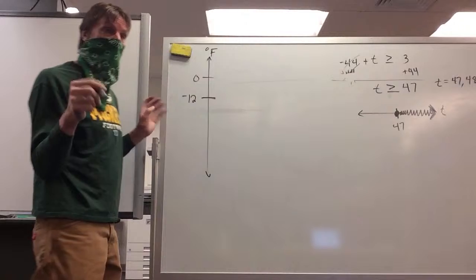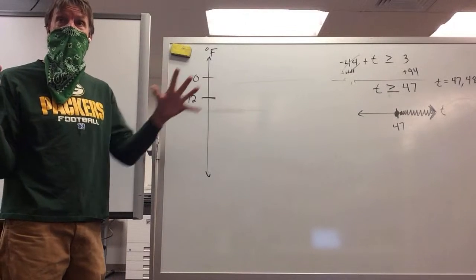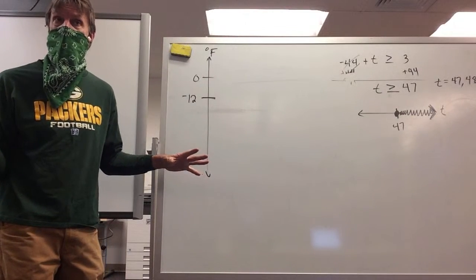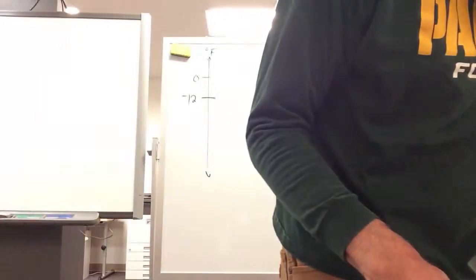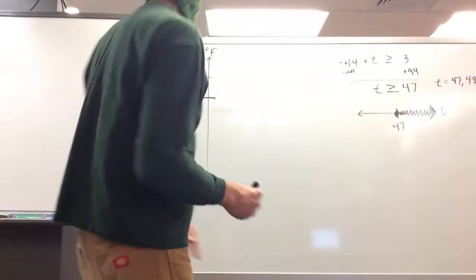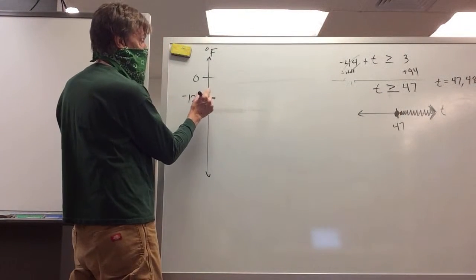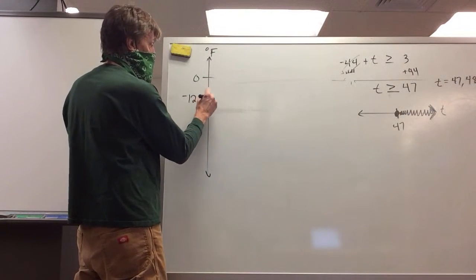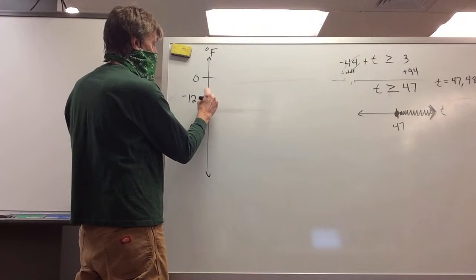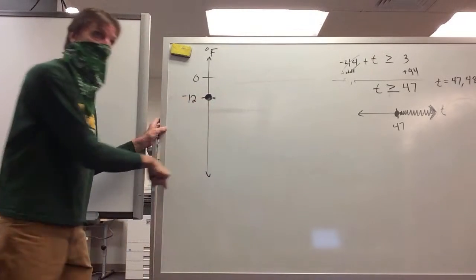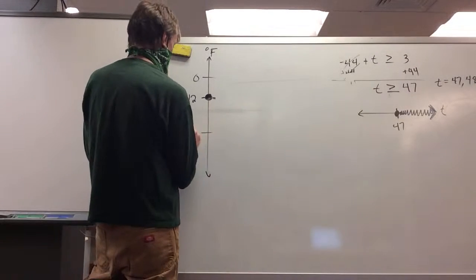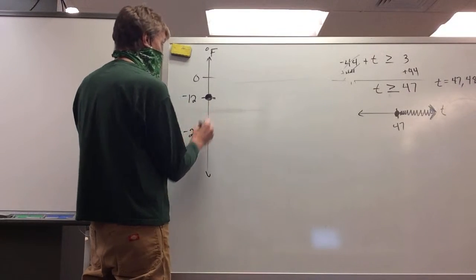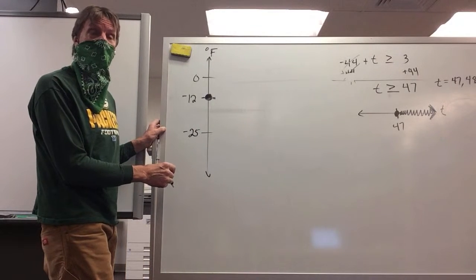Did -12 happen? Or was it just colder than -12? What's it say? It was -12. So then if I graph it, is it open or closed? Closed. Okay, so how cold, it got down, so down in temperature, so how cold did it get? Below -25. So it went below -25.